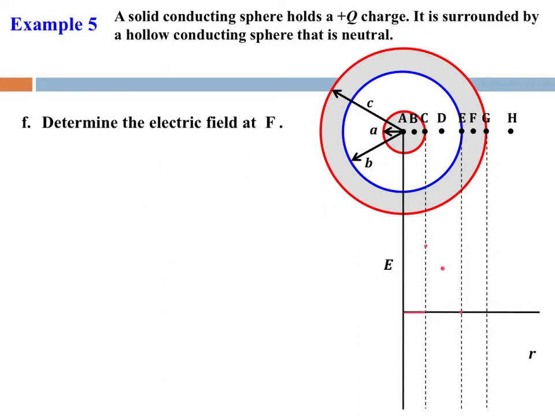Again, because point F is inside of a conductor where we have no electric field, then I can say that my charge enclosed would still be 0. And again, you can always prove that with Gauss's law.